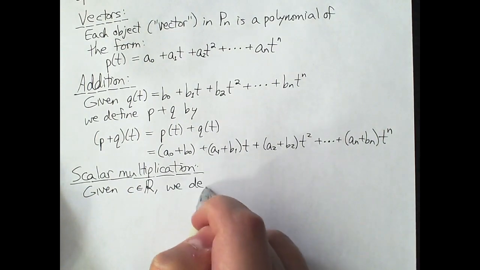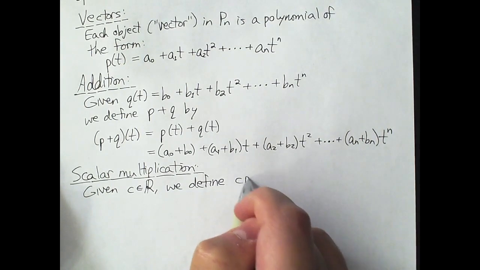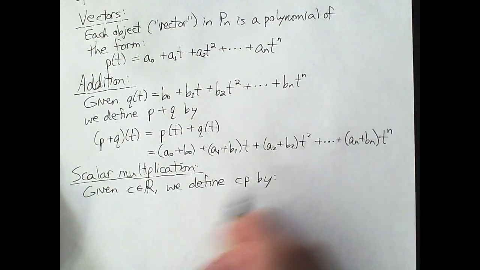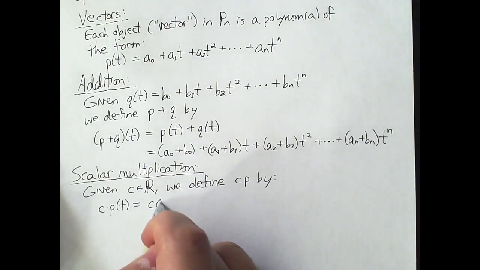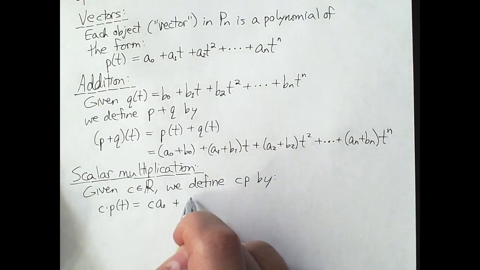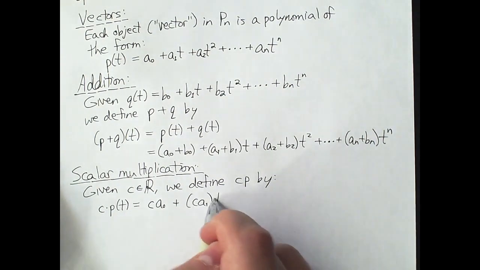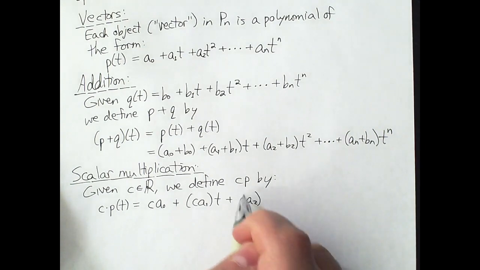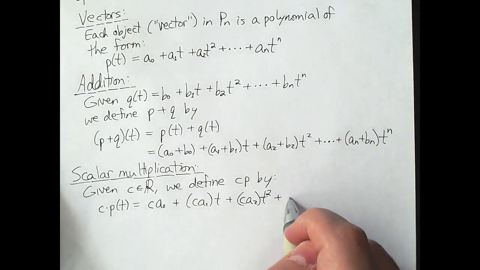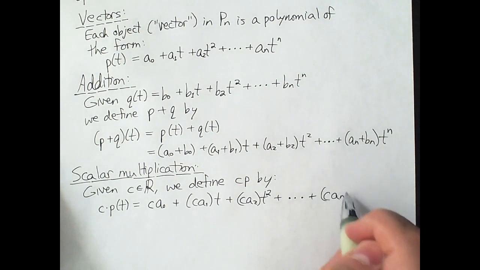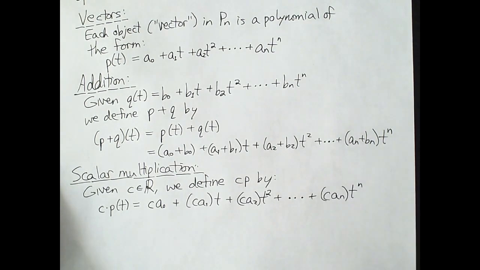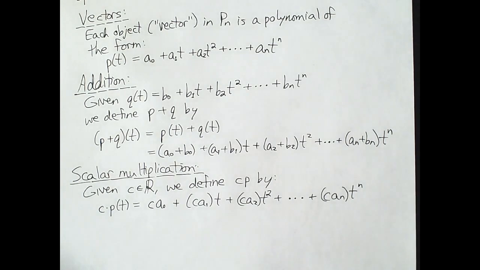We define c times p by c times p of t equals, you just multiply it by all the terms. Okay, so just multiply c by all the coefficients. That's how scalar multiplication works in this vector space.